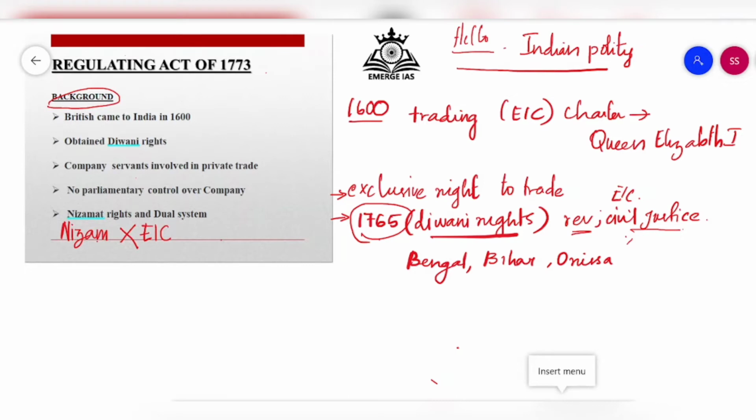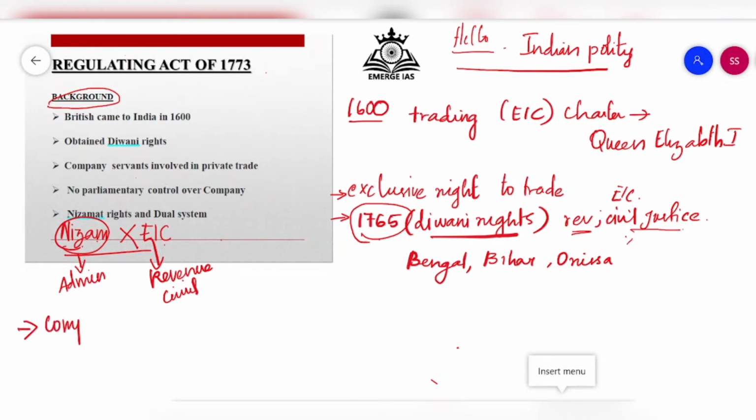And here itself there was an imbalance between the Nizam and the English East India Company. The Nizam was not okay with this situation because he was the person who earlier controlled everything about that place, and now the English East India Company started acquiring some powers that was not satisfactory to the Nizam of Bengal, Bihar and Orissa.